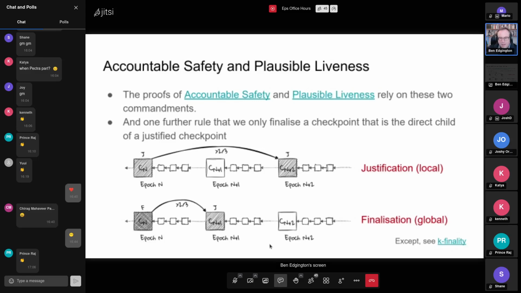So we only finalize a checkpoint when its direct descendant, the checkpoint in the next epoch, is justified. Justification is the most important property; finalization is just a kind of nice cherry on top. And of course, everything in Ethereum is more complicated than you hope it is. So actually, we're doing something more sophisticated than this called K-finality, but you can read about it there. But this is the original Casper vision.